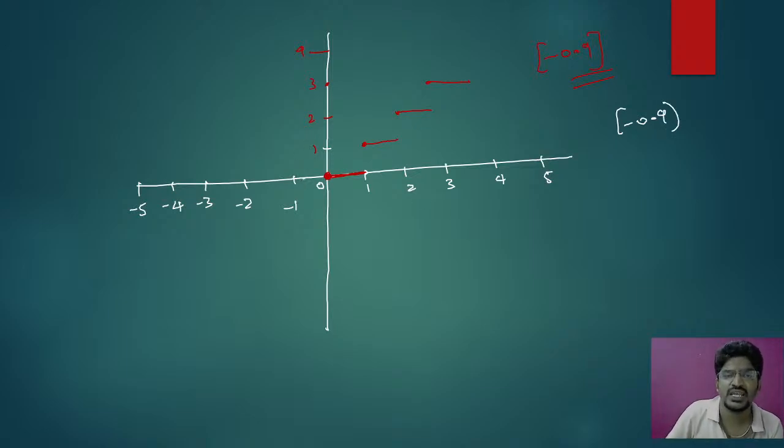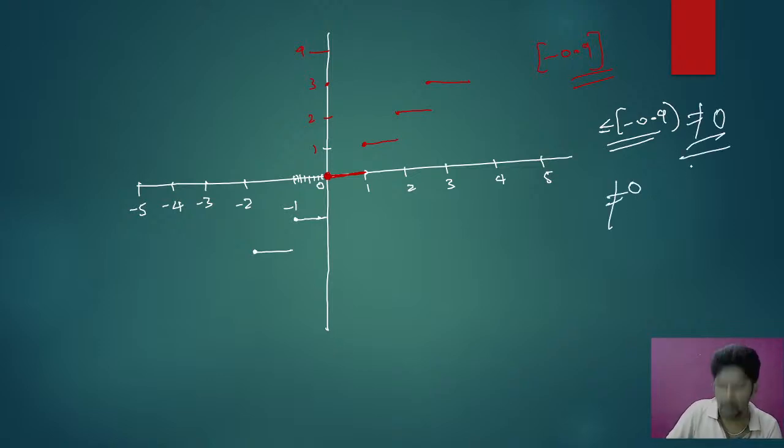The greatest integer lesser than this will be minus 1. From minus 2 to minus 1, it will be minus 2. Not 0.